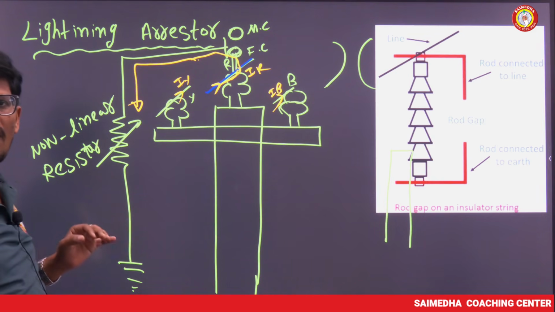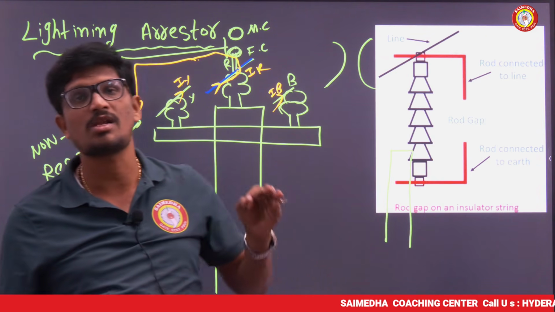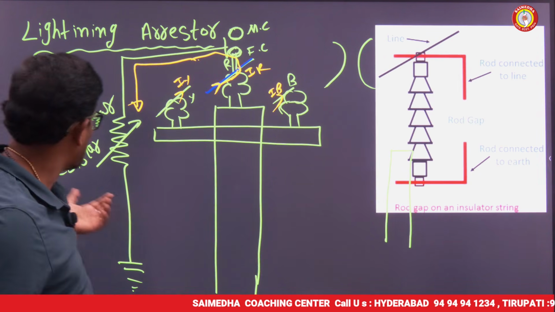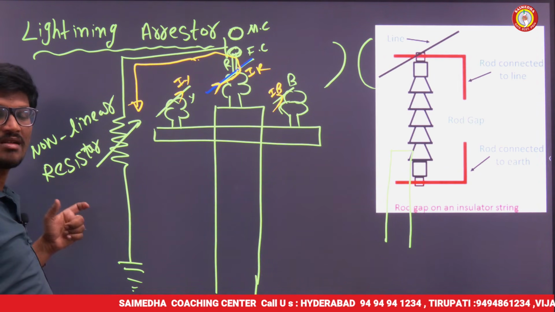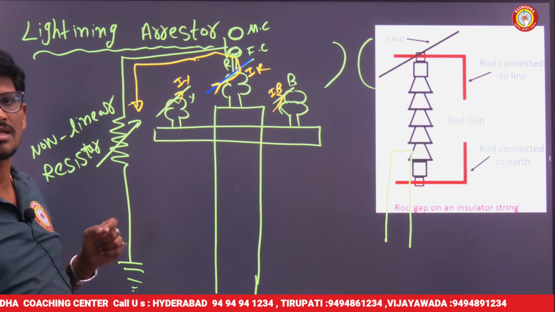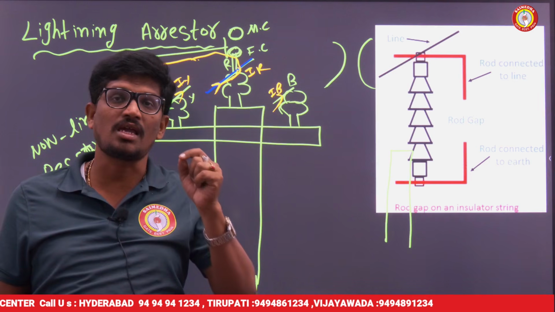The behavior of the non-linear resistor is, at normal condition, that means there is no fault, at normal RMS frequency the non-linear resistor acts as a high impedance path.